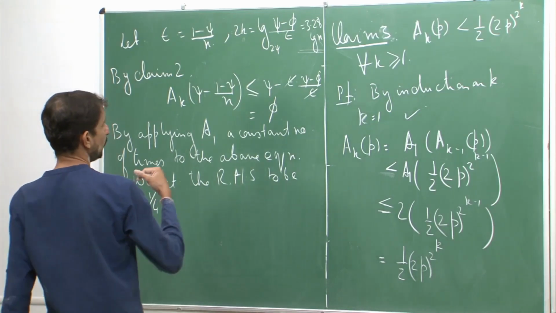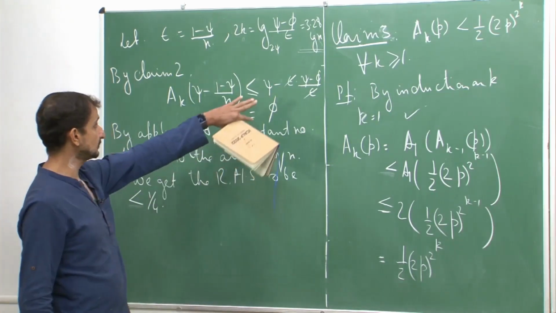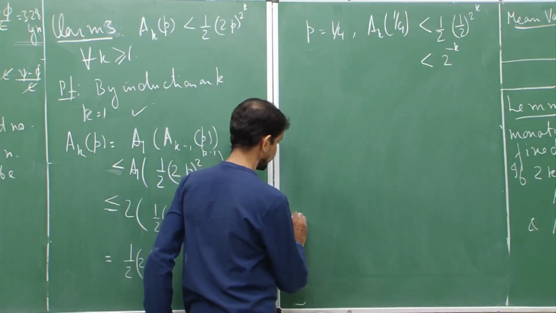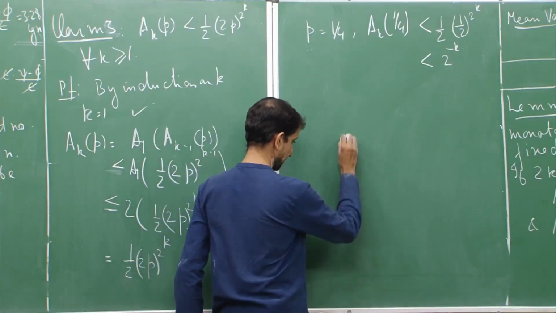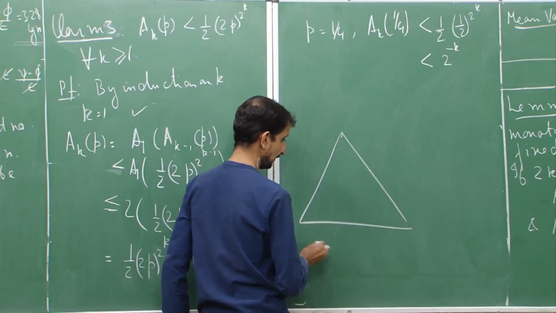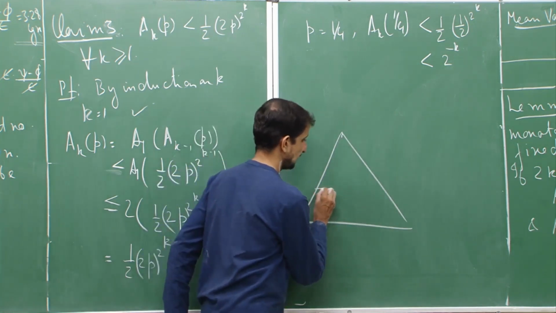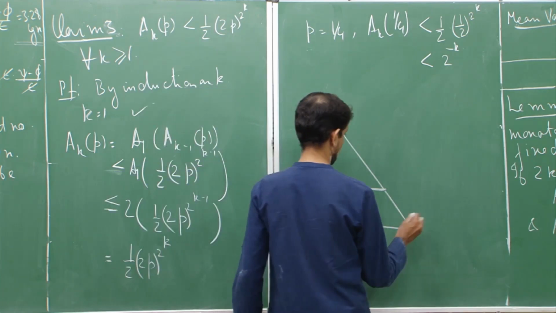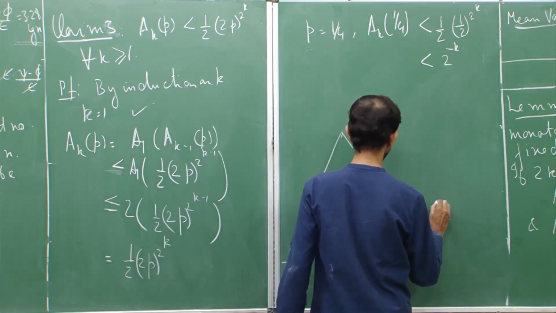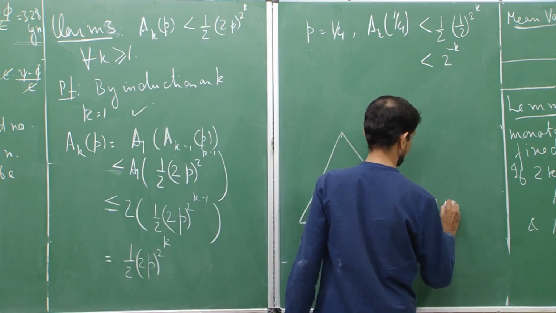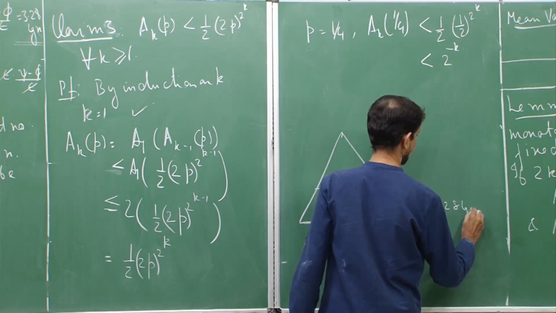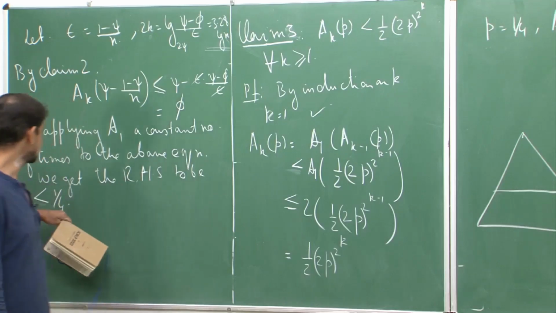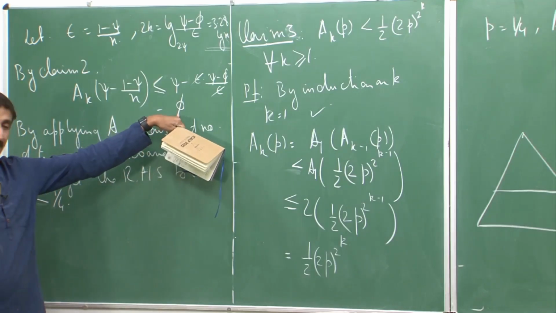Okay. Now, what was k for us? So, now we can choose k to be anything. Now observe what is happening. So, I have this big formula. First, in some 2k equal to 3.28 log n many layers, I get a probability that is less than 1/4.